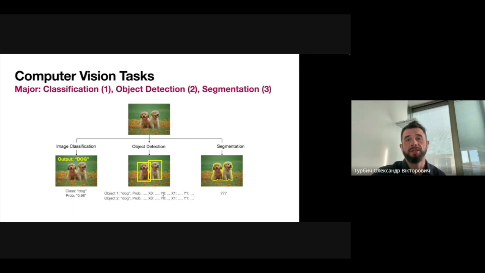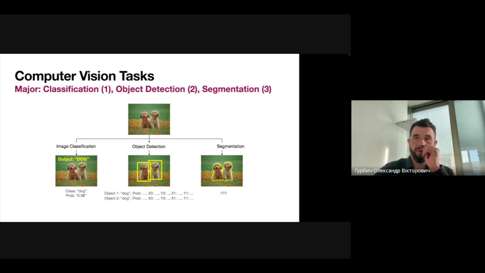You see coordinates here: x0, y0 are the coordinates of the top left point, and x1, y1 are the coordinates of the bottom right point. Using these two points and knowing that it's a rectangle, you can calculate everything else. You can calculate height, width, etc. Then you can crop these objects, whatever.